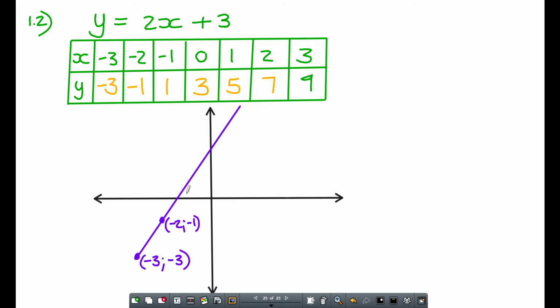Then, it's not very accurate. Minus 1 and 1. Okay, I'm going to skip that middle one and I'm going to say this is 0 and 3. And 1 and 5. And then I'm not going on. Okay, you guys good? Right, any other questions here?